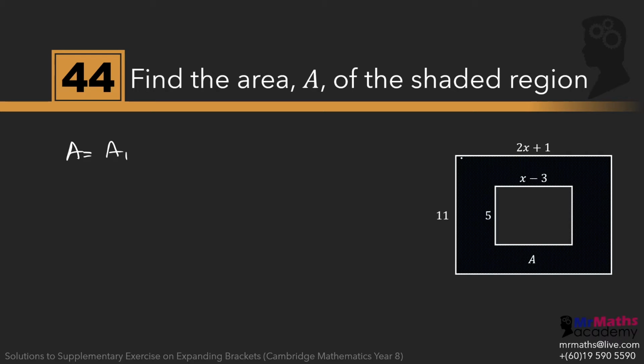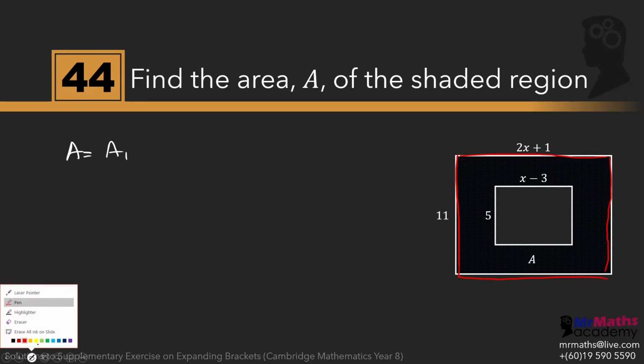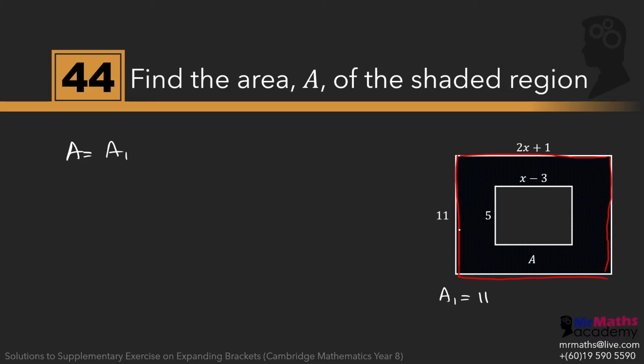A1 is the area of the big rectangle. Maybe I should put that in red. Imagine the bigger rectangle has no hole inside it. So that's A1. In other words, A1 is the multiplication of the width and length, which is 11 multiplied by 2x plus 1.